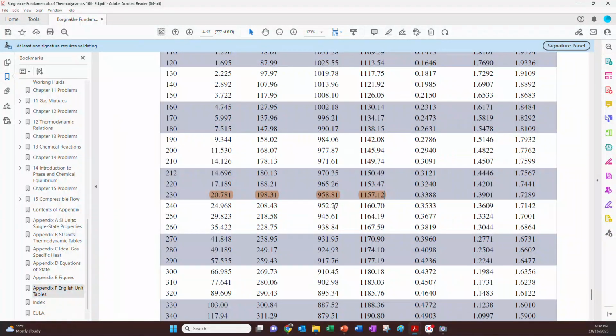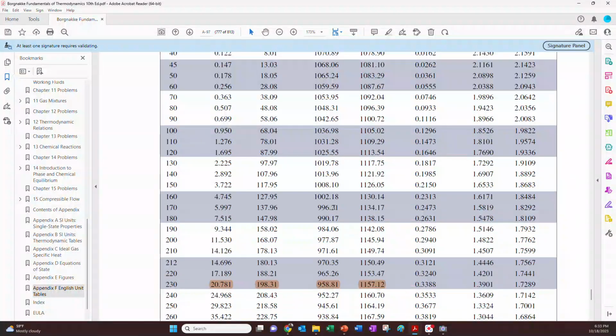We can find, this is table F.7.1 at T equals 230 degrees Fahrenheit. Is that true? Sure it is, Fahrenheit.